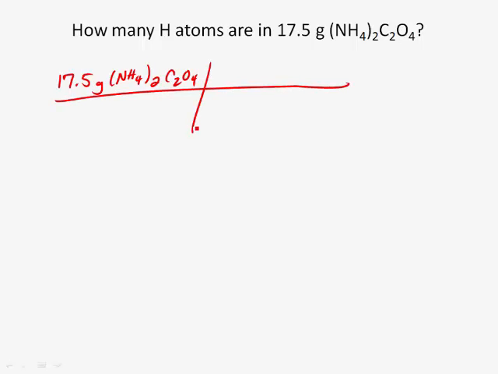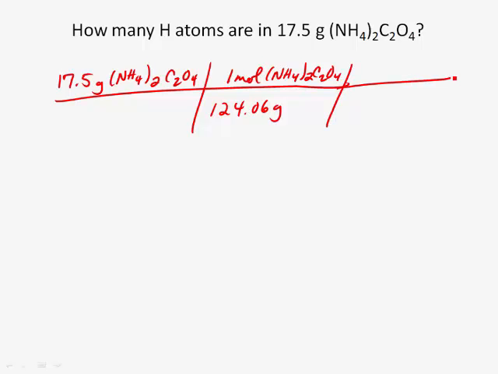Now, I need a molar mass for that, so I'm going to just calculate this without writing it out, but you calculate it on your own and see if you get the same thing that I did, or something close to that. Okay, I got 124.06 grams in 1 mole of my (NH4)2C2O4.